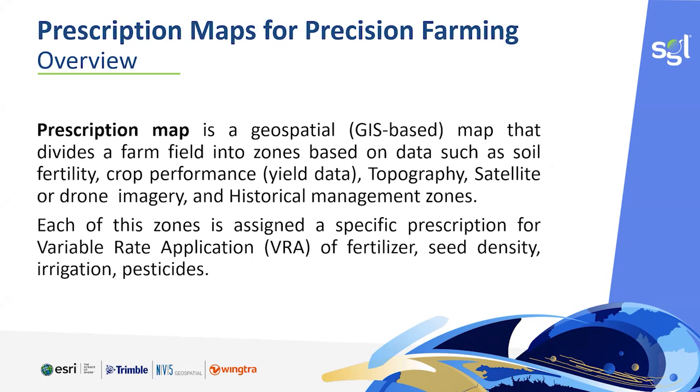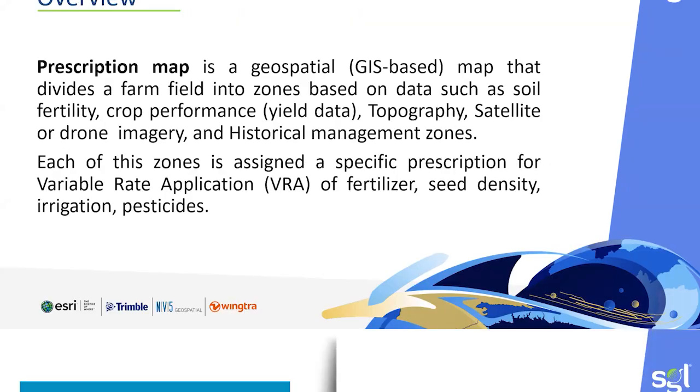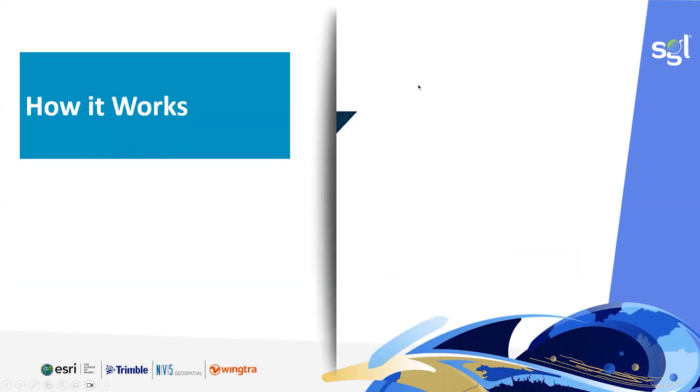Each of these zones is assigned a specific prescription for variable rate application of fertilizer, seed density, irrigation, pesticides, and the likes. Now, we'll be looking at how it works.